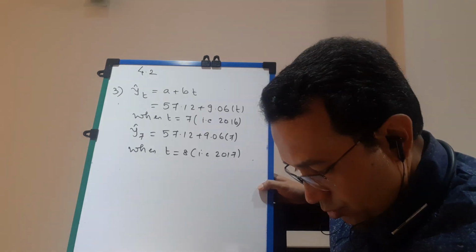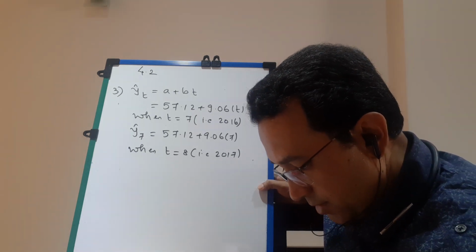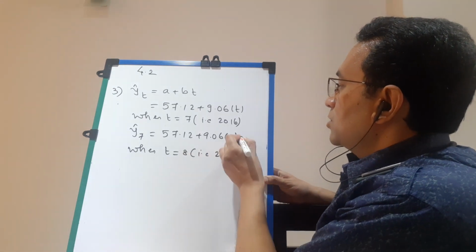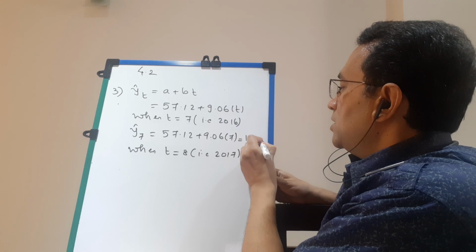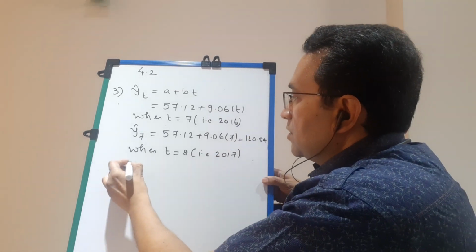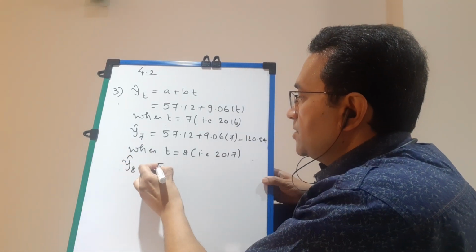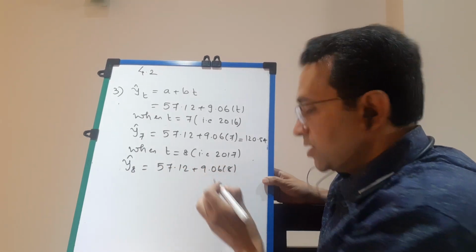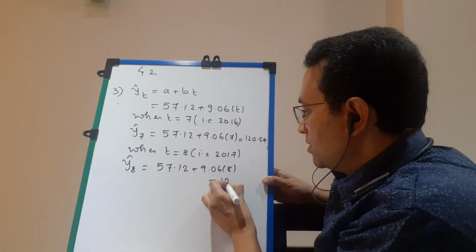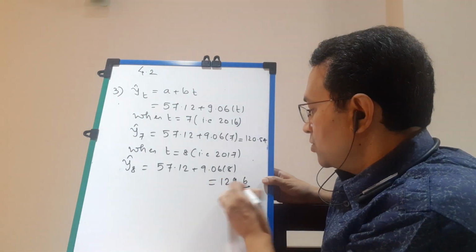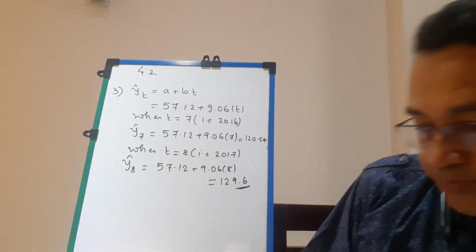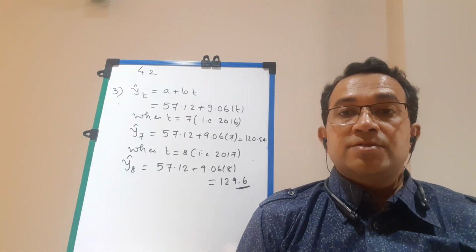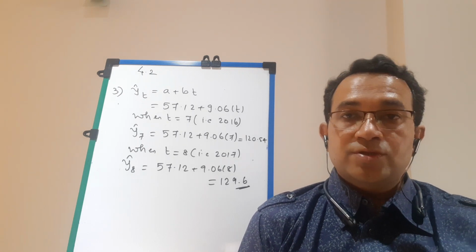Students, the first answer is 120.54. y8 cap is 57.12 plus 9.06 into 8. So this is 129.6. The unit is 1000. So this step, students, now I suppose all of you have understood.